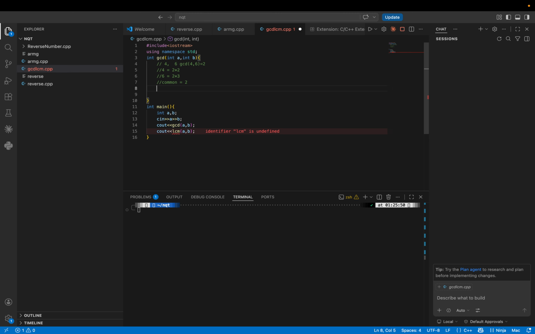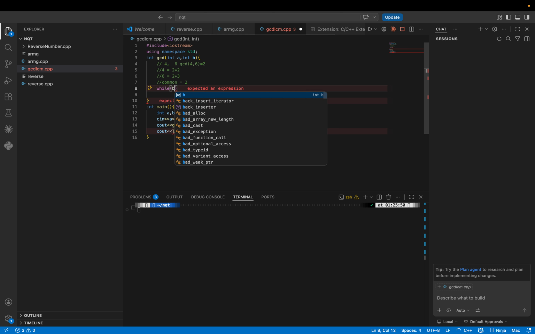Generally what happens, I remember a little. We usually choose a bigger one and write it in such a way that the smaller one is our A and the bigger one is our B, and we do this till B is not equal to 0.